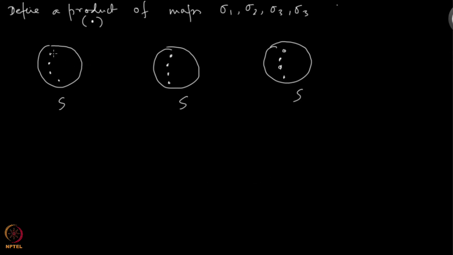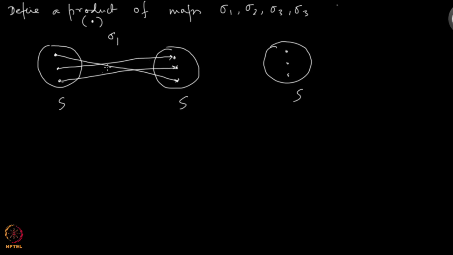Suppose we have a map sigma. It would be easier if I do not draw 4 elements, but only 3 elements here. Then I do not have to do a lot of work. So, think of a map, let us call it sigma 1, which takes this element to that element, and so on, and this entire map is sigma 1.